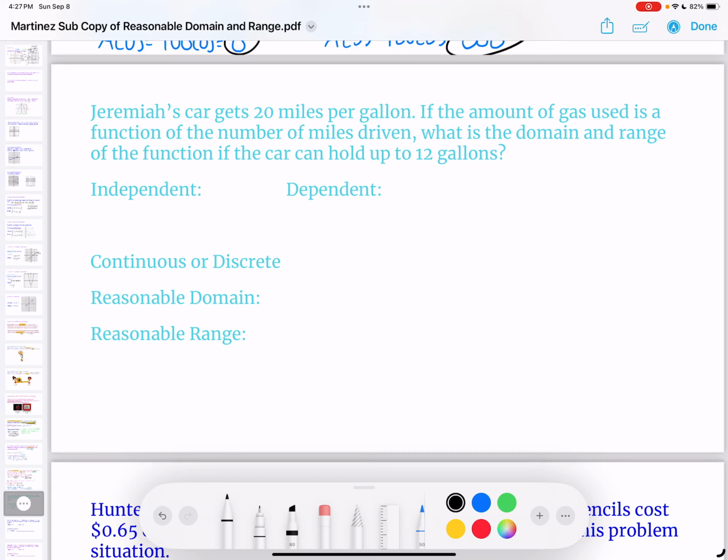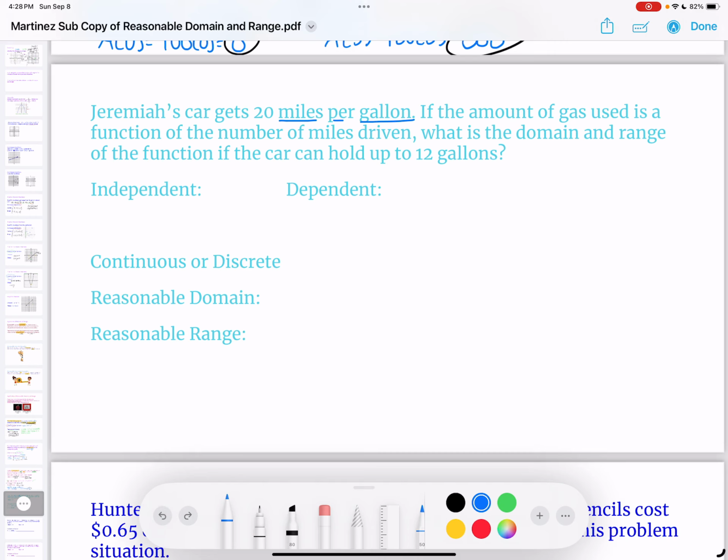So the amount of gallons is dependent on how many miles were driven. Usually it's what we're going to be measuring, right? So the independent is miles, dependent is gallons.